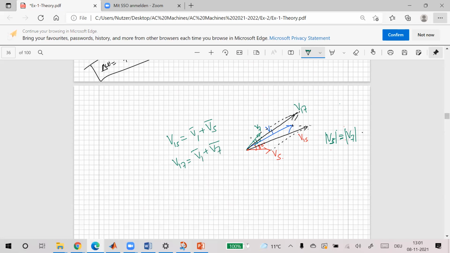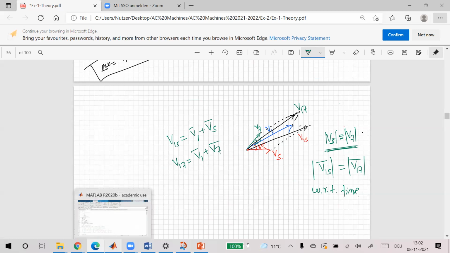And I assume this. So with this assumption, V15 magnitude is equal to V17 magnitude with respect to time. So it will be the same magnitude for the alpha and beta frame, if you want to find the square root of alpha square plus beta square.